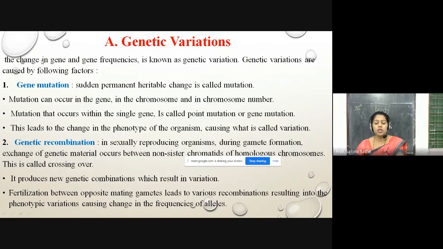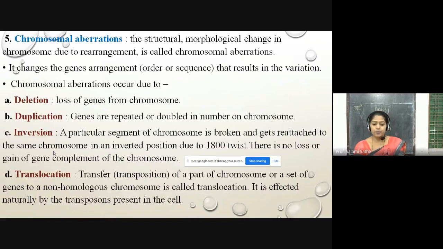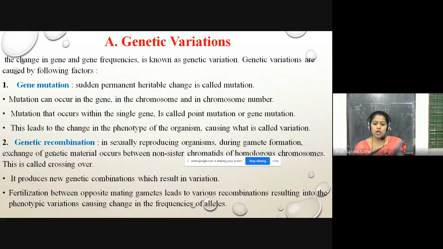What is gene mutation, and what kind of changes occur in it, is important. The question may be asked: write the different factors present in genetic variation. You have to write these 5 factors: gene mutation, genetic recombination, gene flow, genetic drift, and chromosomal aberrations. These are the 5 factors which come under genetic variation.